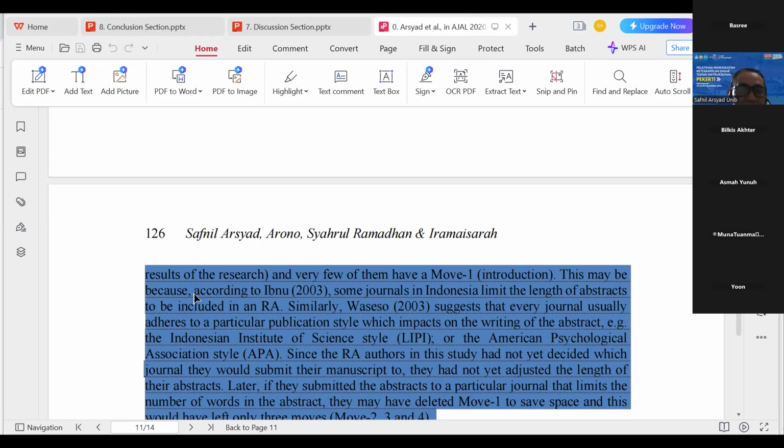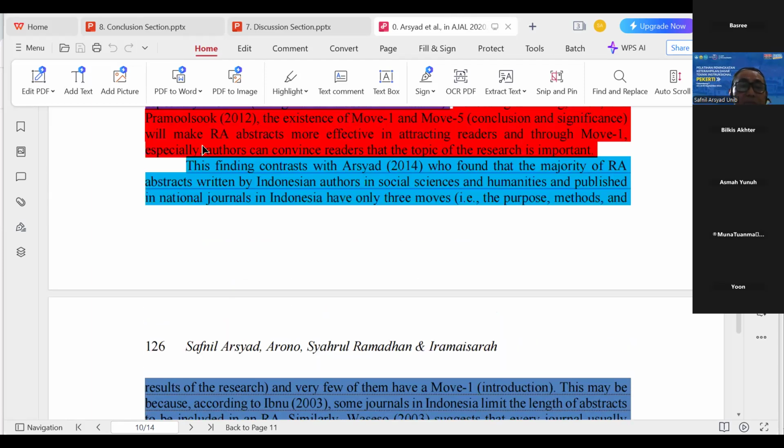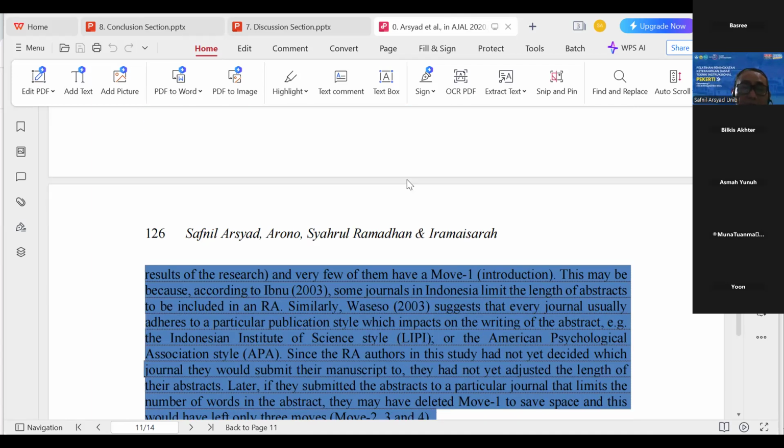I am not positive yet. I am trying to logically support or explain the difference between my present finding and my previous finding, 2014.